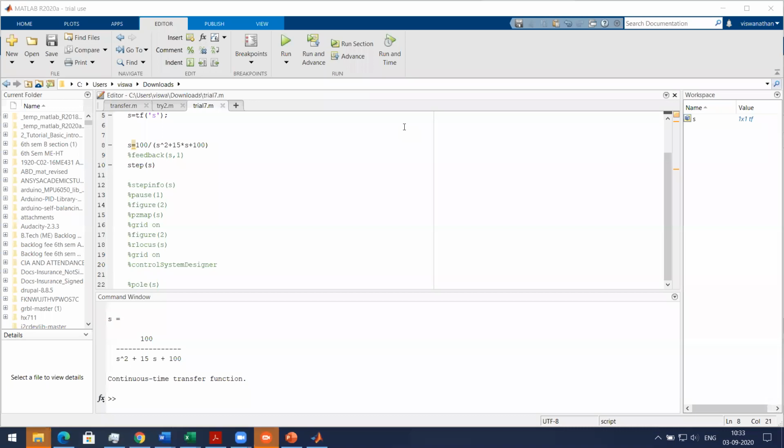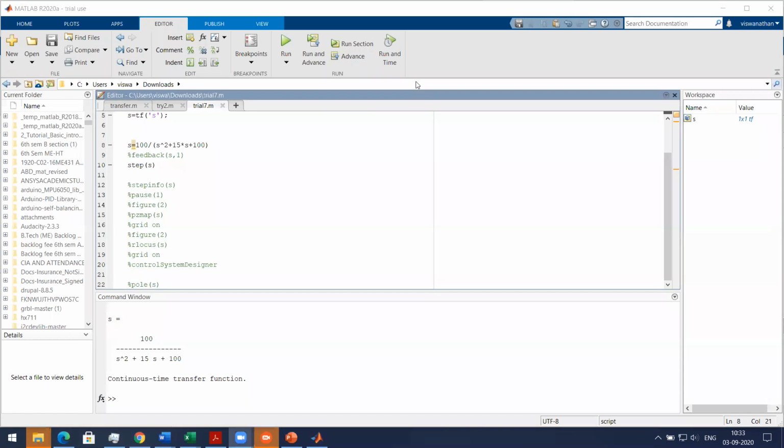Okay, so today we'll look at the response of a second order system for a step input.